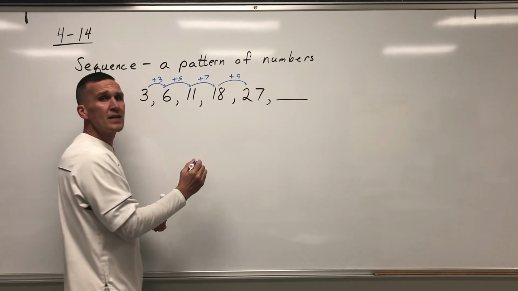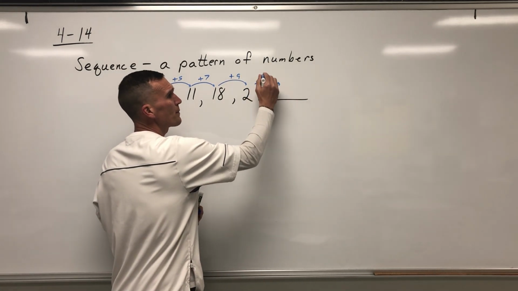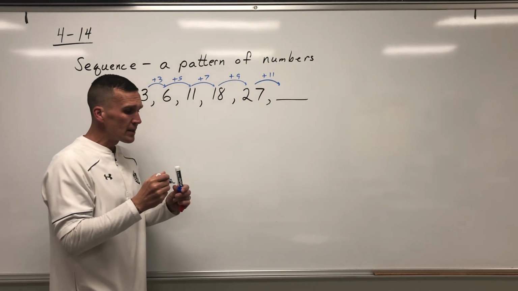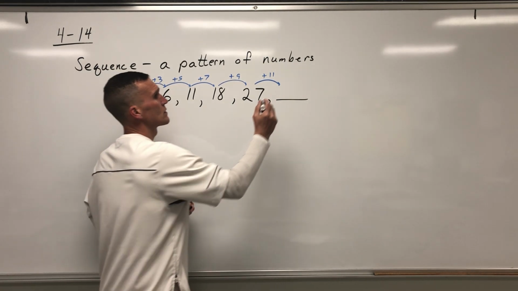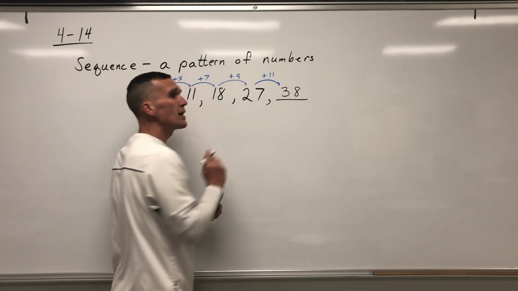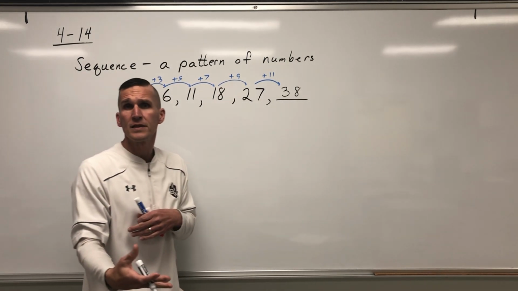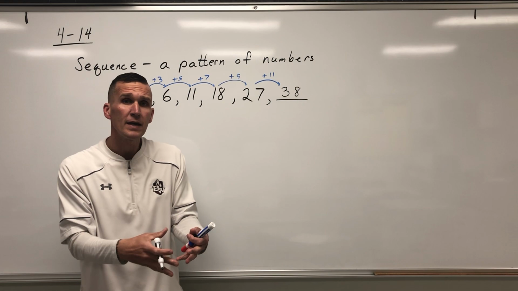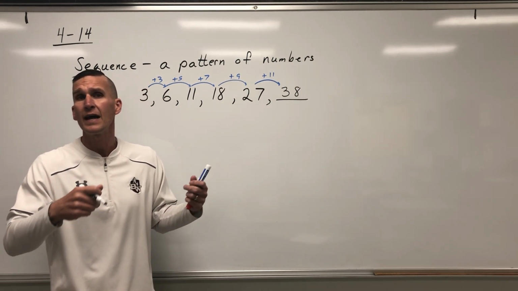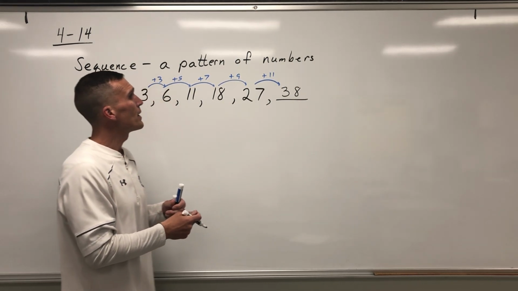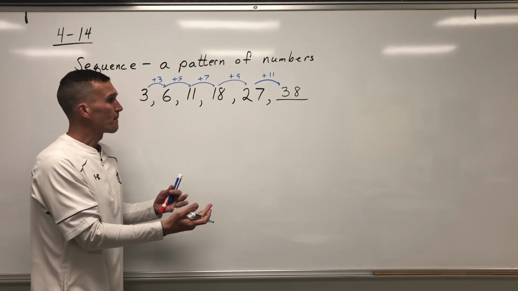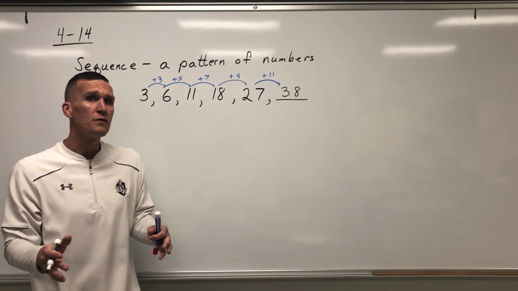It would be plus 9. So if we followed that pattern, it would be add 11, which is 38. Now the thing about that though is it doesn't always have to be plus a number each time. It could be multiply a number, it could be divide, it could be subtract, but you just have to find out the pattern. But that's all that we know so far.